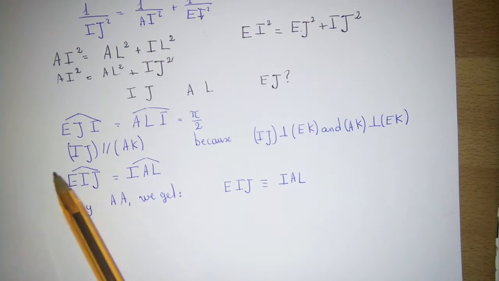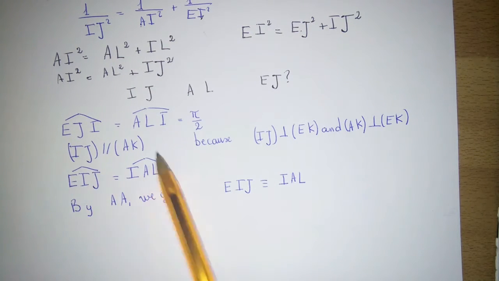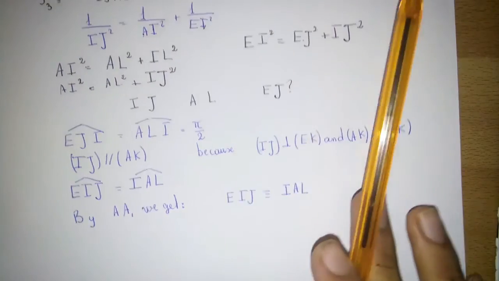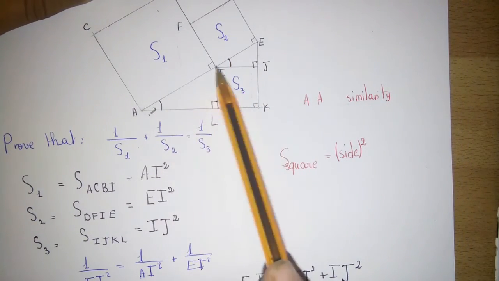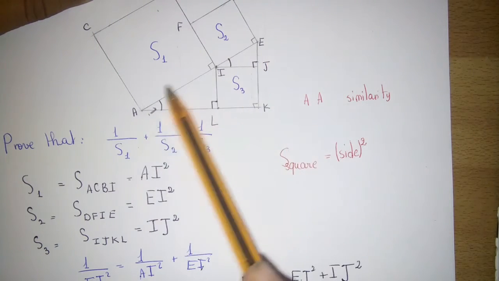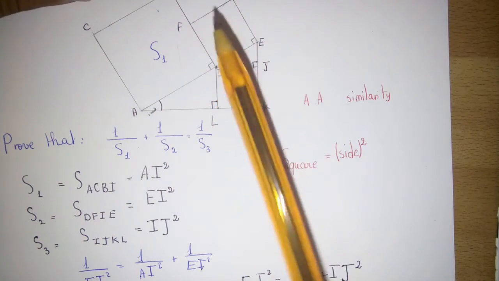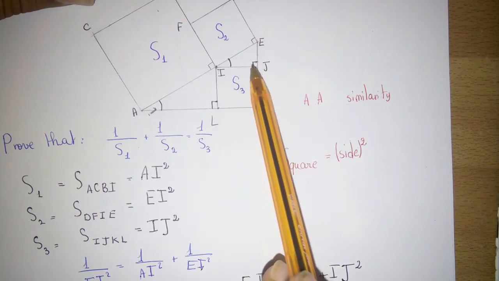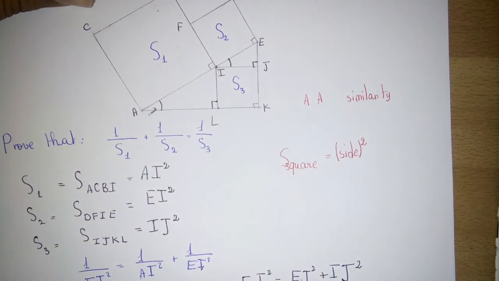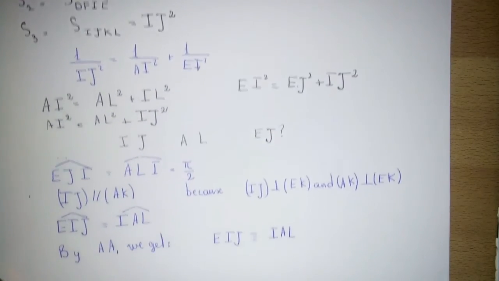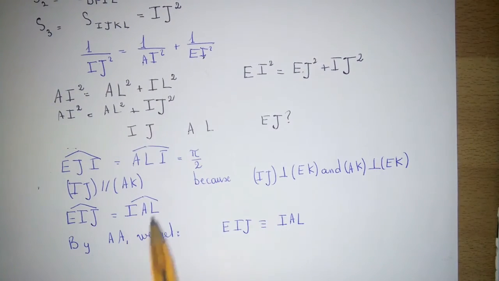I showed that this gave us the two equal angles between these two parallel lines and the line that crosses both of them, and that these are enough to use the angle criterion for similarity and get that the triangle EIJ is similar to the triangle IAL.